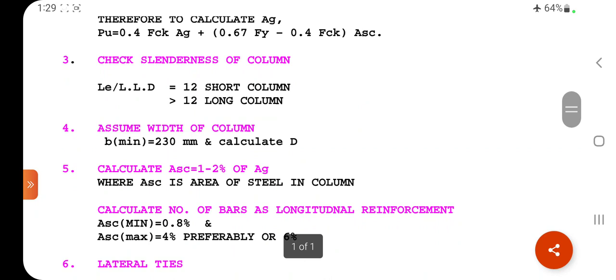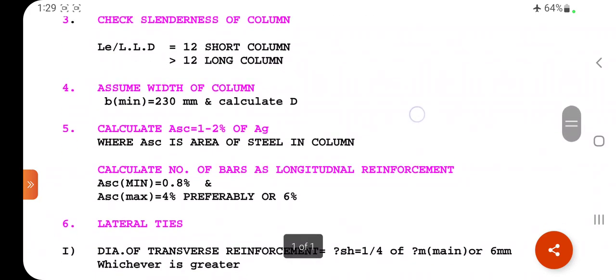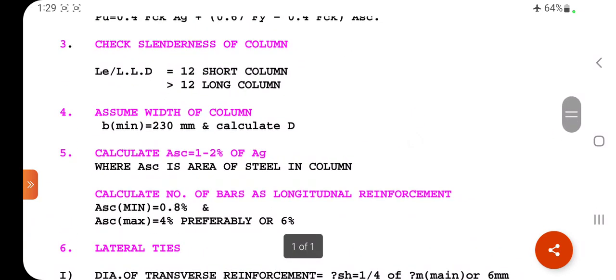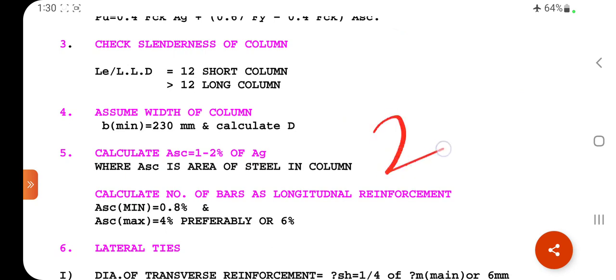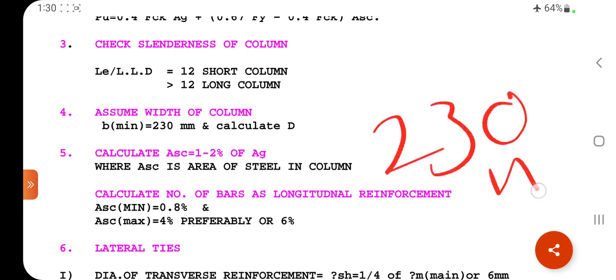Then we have to check the slenderness of the column, whether it is a short column or a long column. The slenderness ratio is Le upon least lateral dimension. Then we assume the width of the column. Generally we assume the width of the column as 230 mm.